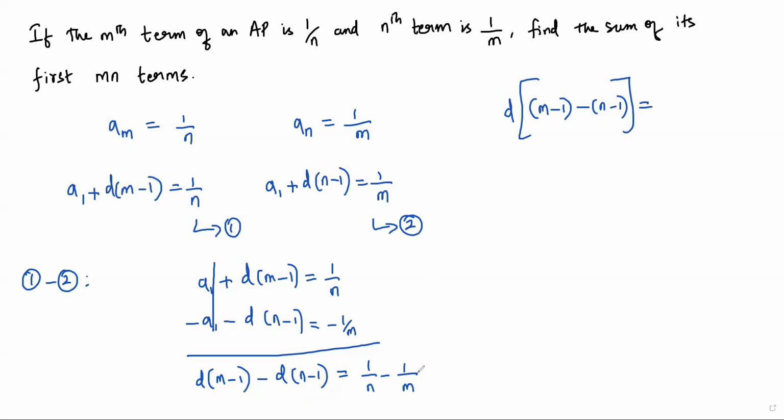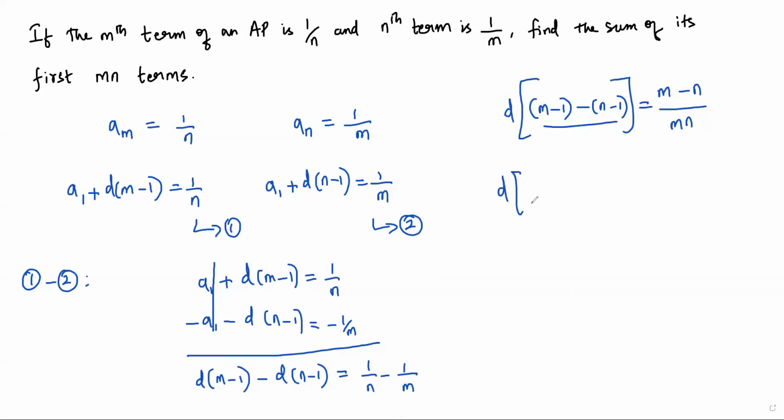To simplify the expression on the right side, I have to do cross multiplication. I multiply this 1 by m, taking the negative as it is, and I multiply the other 1 by the first denominator n, and further I multiply the two denominators n times m, which can be written as m times n. Now we can simplify.